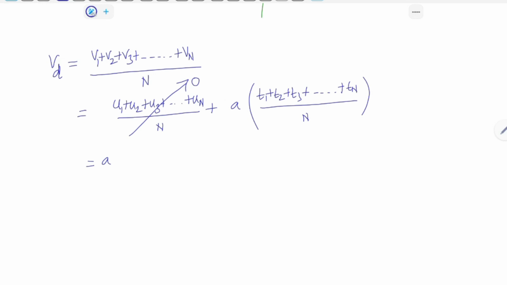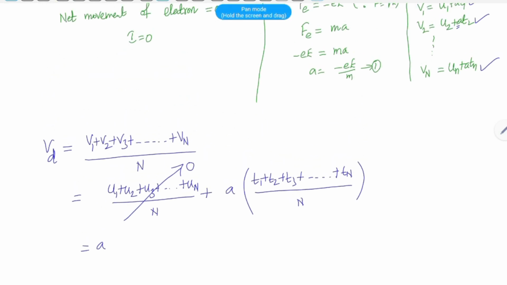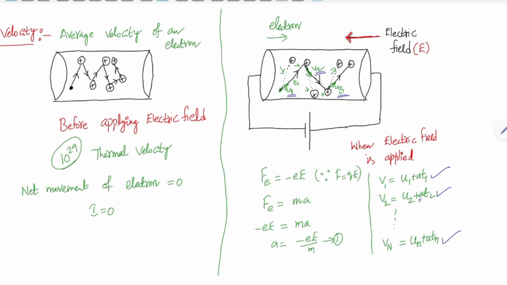What are those times? When you observe the figure, let me show the diagram once again. In this figure, this is the time t1, here you have time t2, here you have time t3. These are the times taken by the electron to move from one collision to another collision.